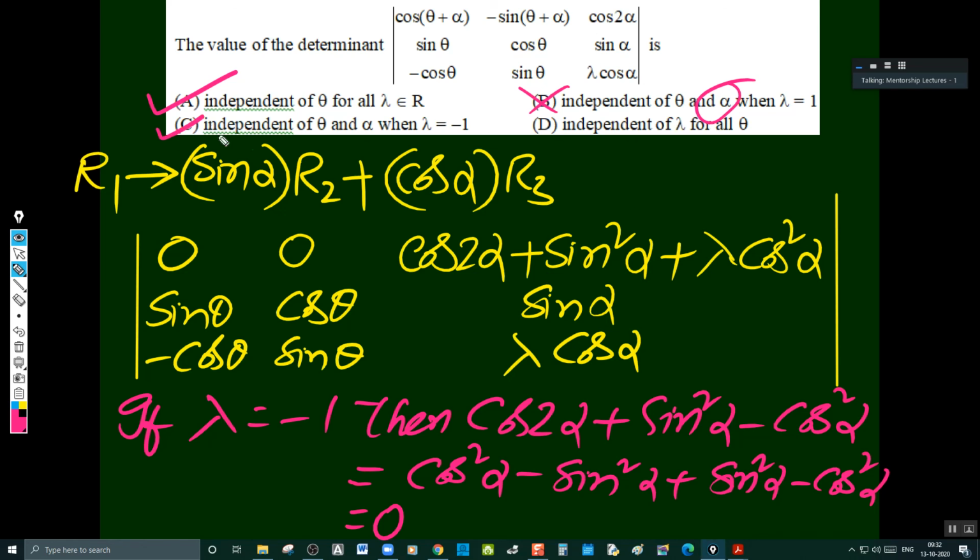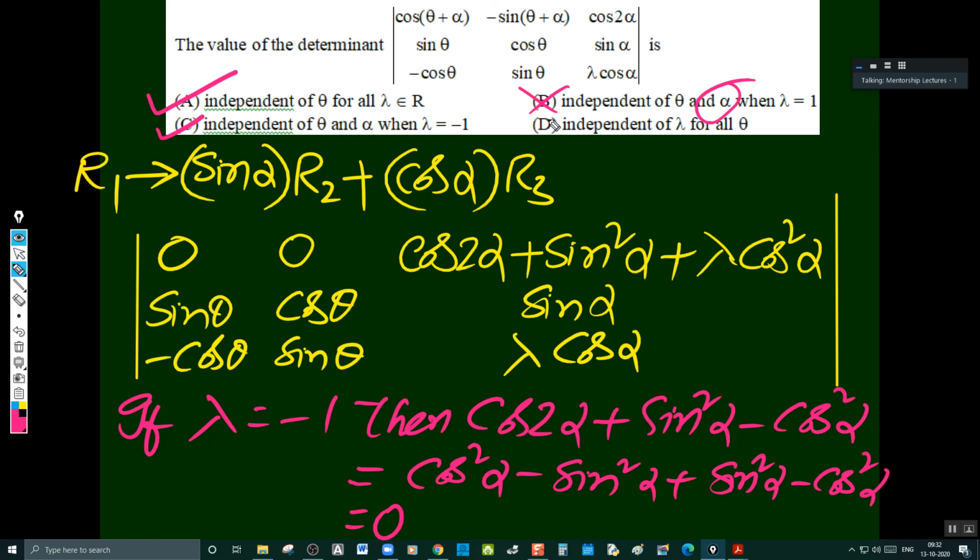A and C. Yes sir, the value of the determinant comes cos square alpha into 1 plus lambda. Okay, that's okay. So D is not correct.